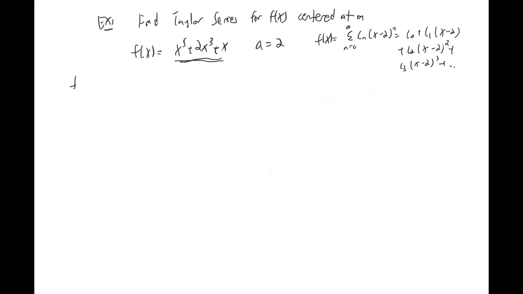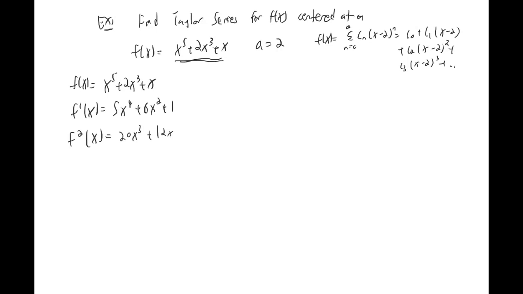So let's start. f1 of x is 5x to the 4th plus 6x squared plus 1. f2 of x is 20x cubed plus 12x. f3 of x is 60x squared plus 12. f4 of x is 120x. f5 of x is 120.